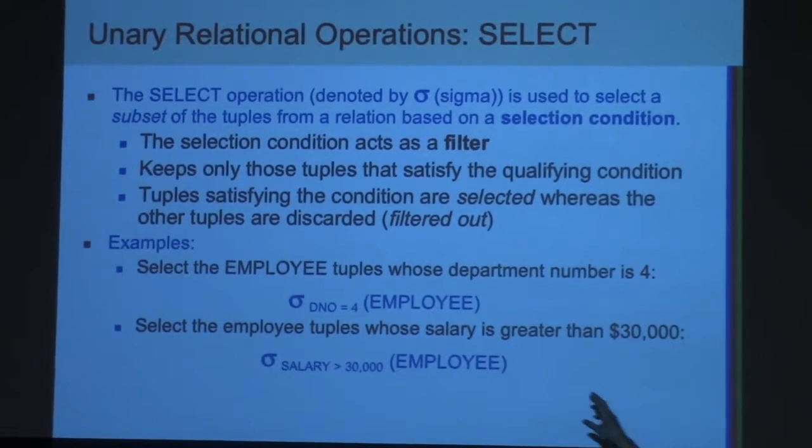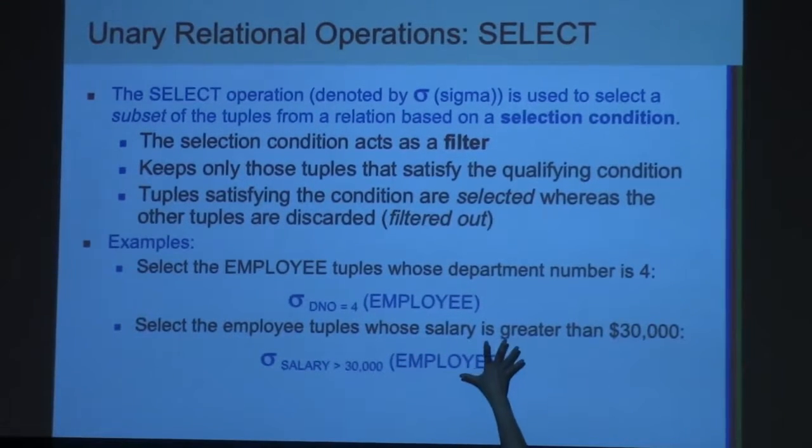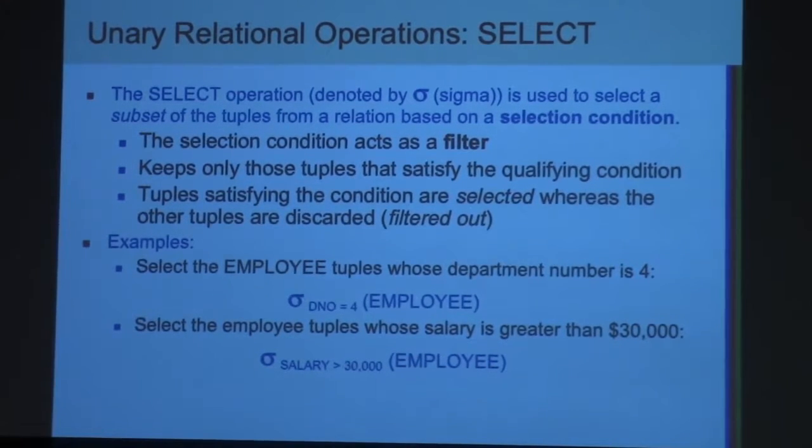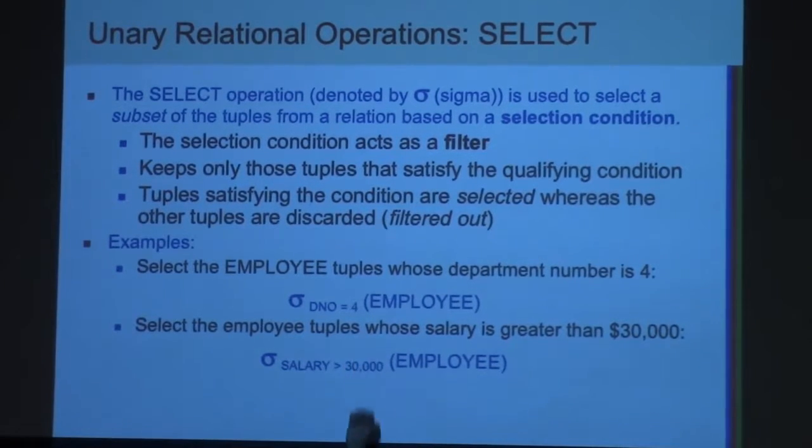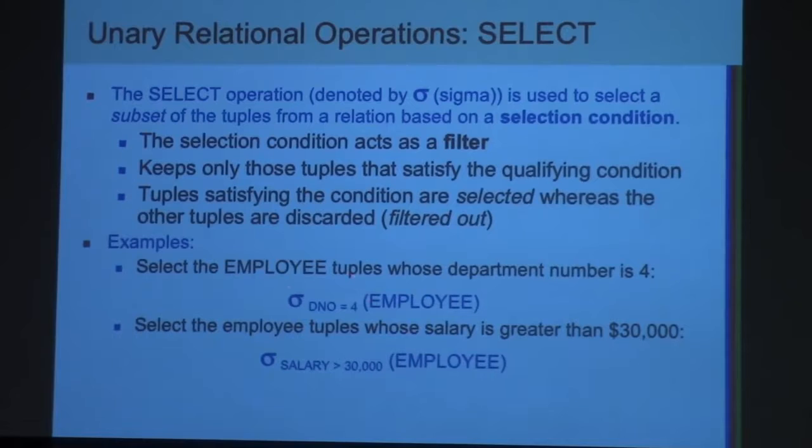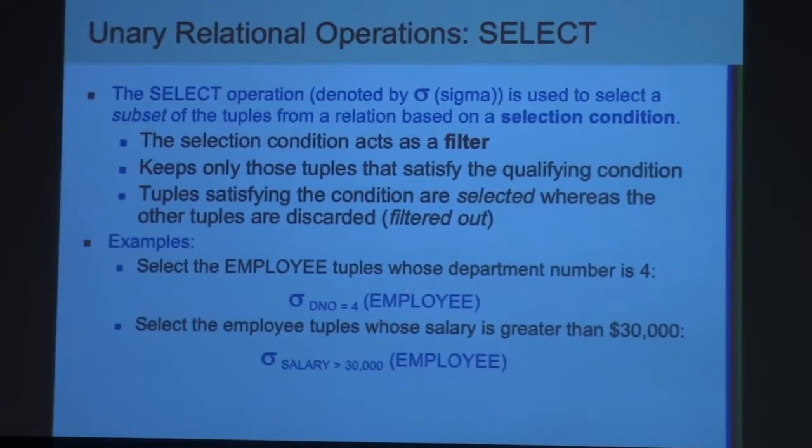So when you select the employee, you need to access the employee relation. Department number is DNO, so DNO is equal to 4. The output of this is also a relation, so you can use the output of this as the input of another operation.